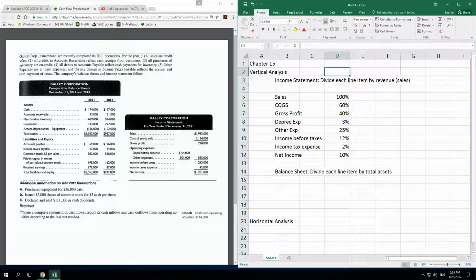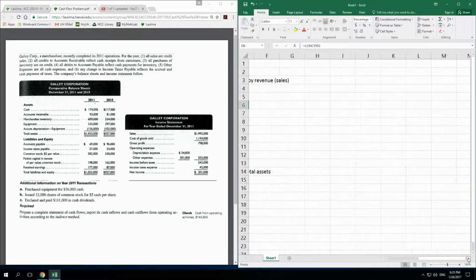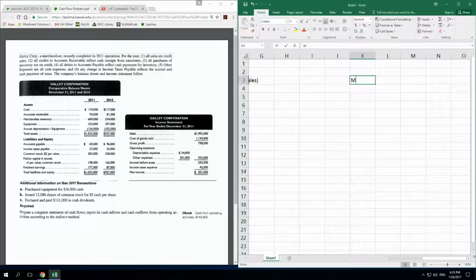Vertical analysis is also sometimes called common sizing. This would be called a common size income statement. What this does is, say you've got these big companies like Microsoft that have billions, and you've got these long numbers.